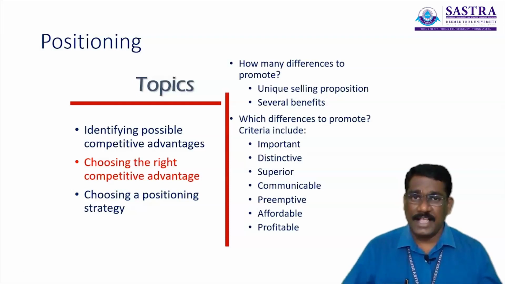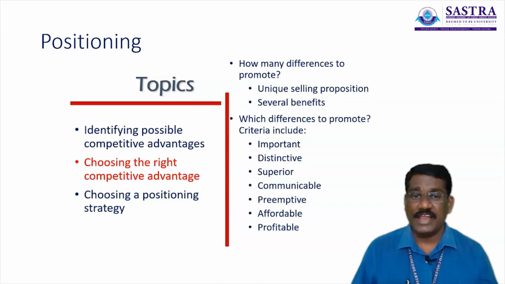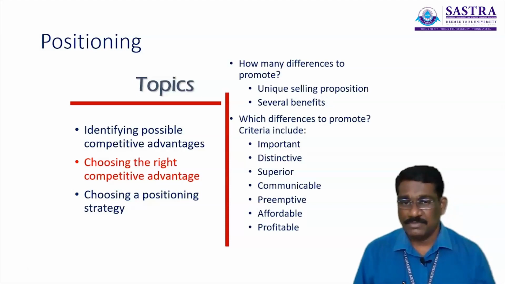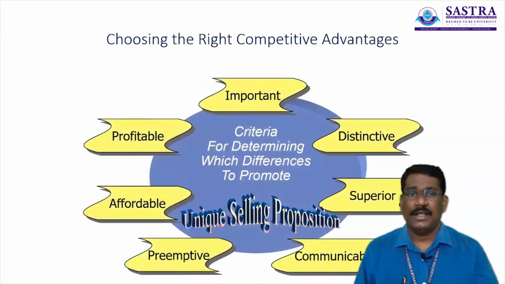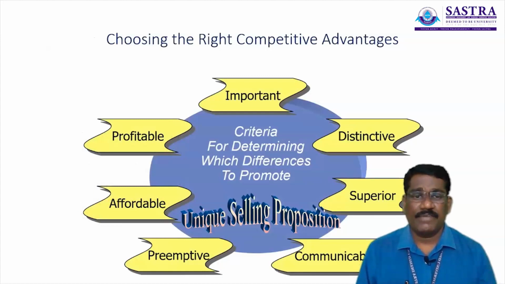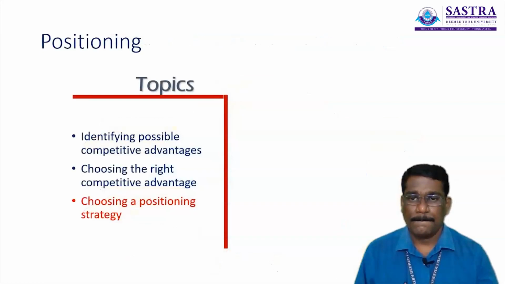All these criteria have to be considered while you try to differentiate the benefits of that particular product or service. Choosing the right competitive advantage, we have seen all these components here. So these are the criteria for determining which differences to promote.